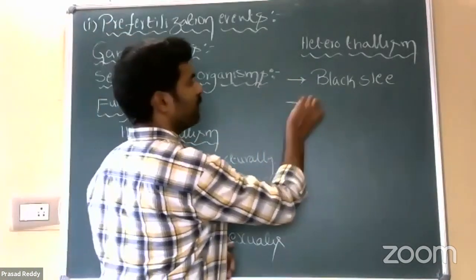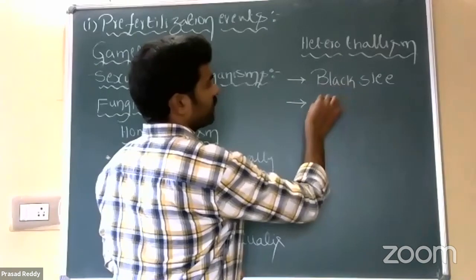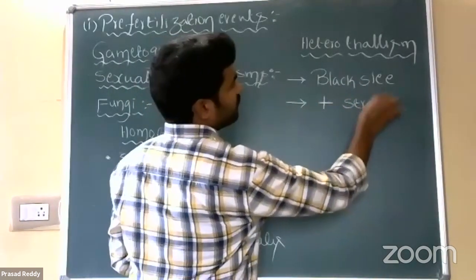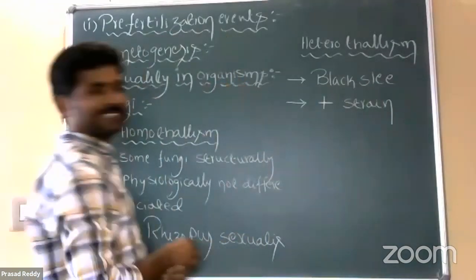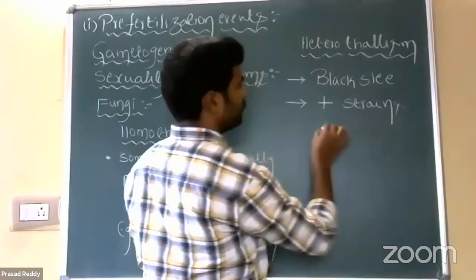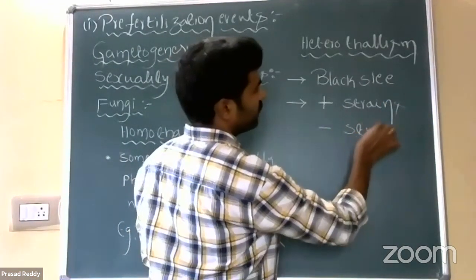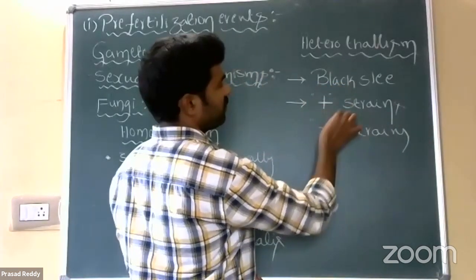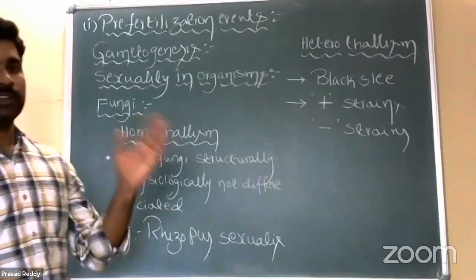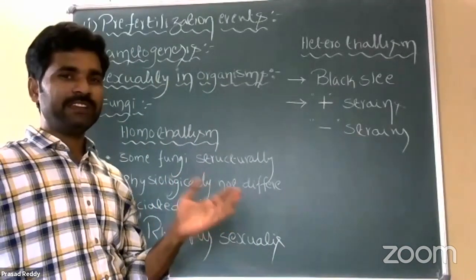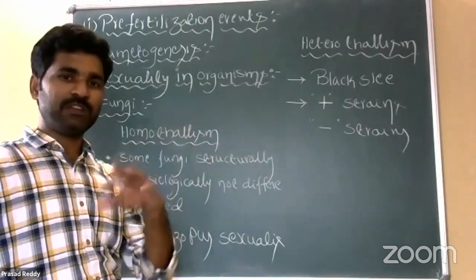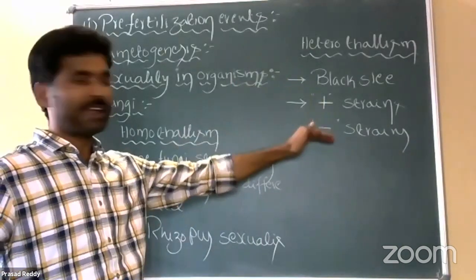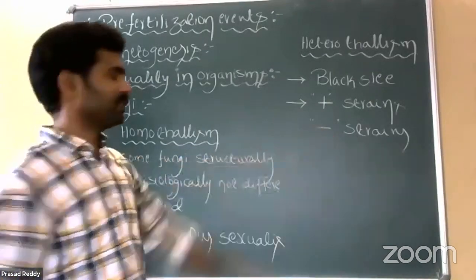So according to Blakeslee, male organisms are considered as plus strains and female organisms are considered as minus strains. We can't differentiate what is male and what is female here, but he classified them as plus strains and minus strains.